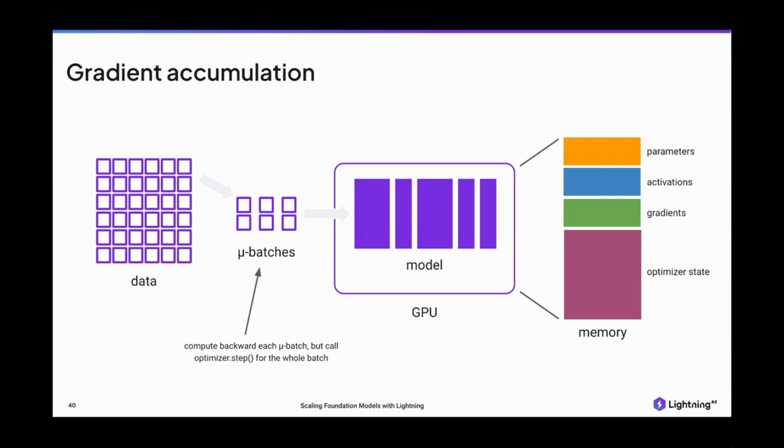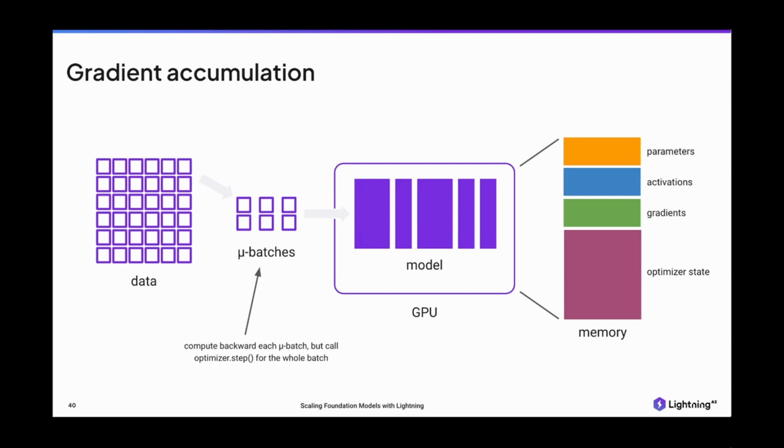One way you can easily increase your batch size is by doing gradient accumulation, and there's an easy way to do that in Fabric as well, where you tell Fabric that you are accumulating, and so you're not zeroing out the gradients while you're taking the backward for each micro batch.